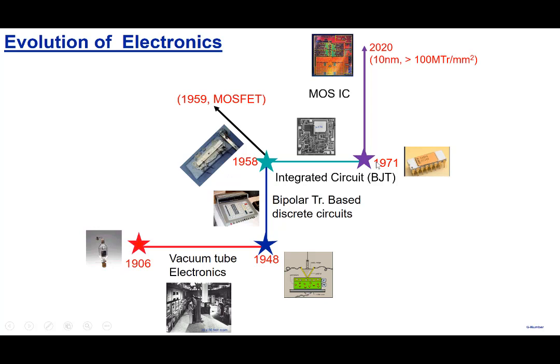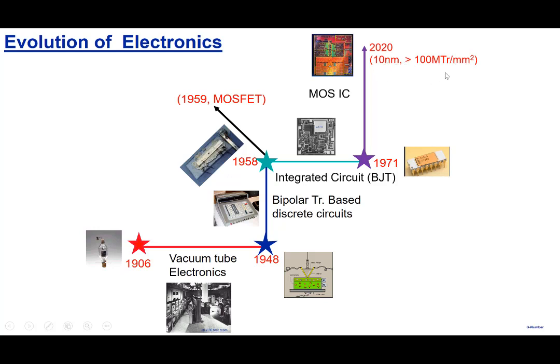A new technology comes to the market where the number of transistors you can pack doubles. We started in 1958 or so with 1 transistor per centimeter square. We are now at a stage where we can pack 100 million transistors in 1 millimeter square, and the transistor size is a few nanometers.